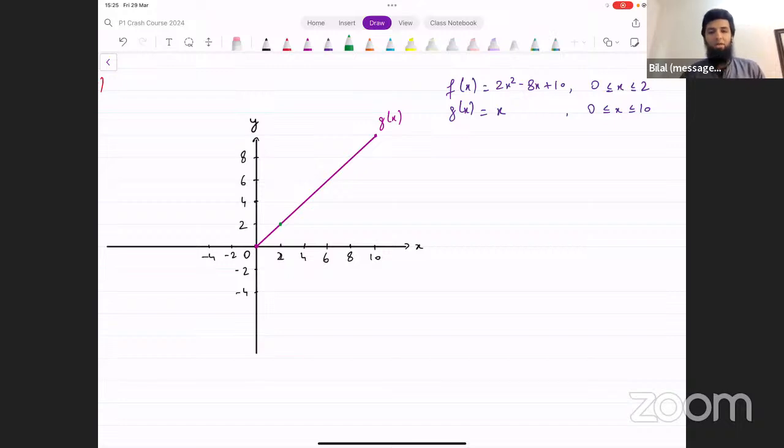You only have to draw this f of x graph from x equals 0 to x equals 2. It's the turning point, the minimum point of the graph. You can see what happens when x equals 0. When x equals 0, the y value is 10, right? So you have another point here on the vertical axis.